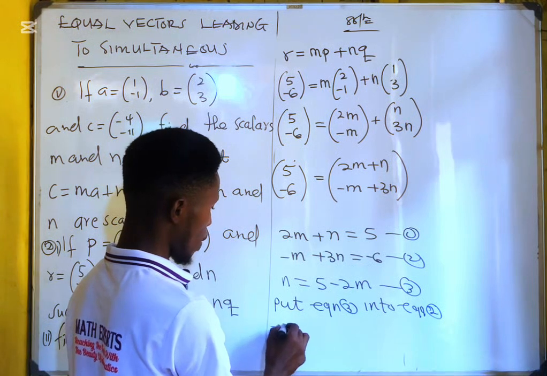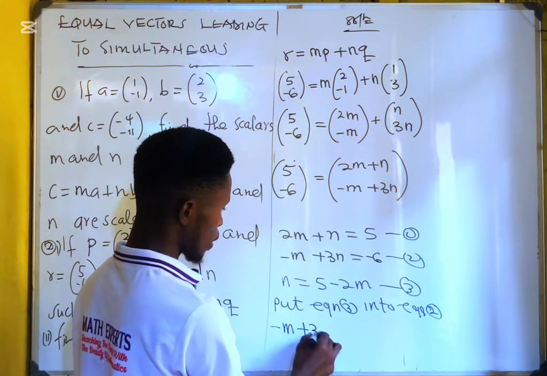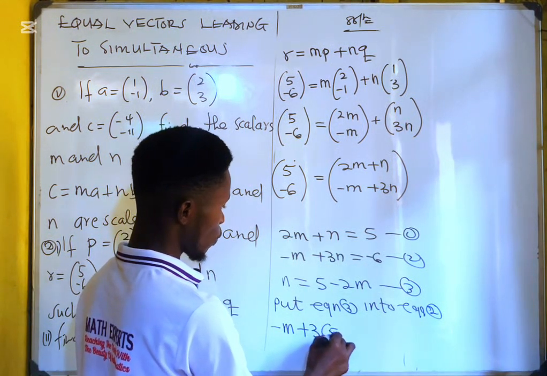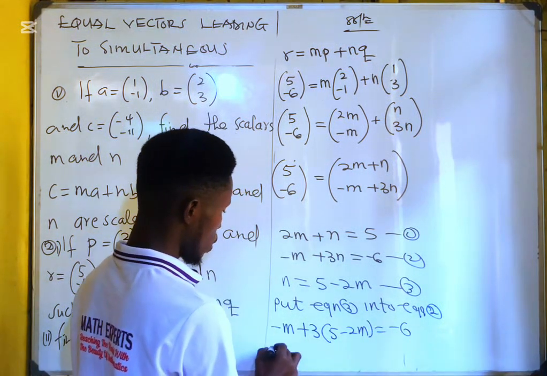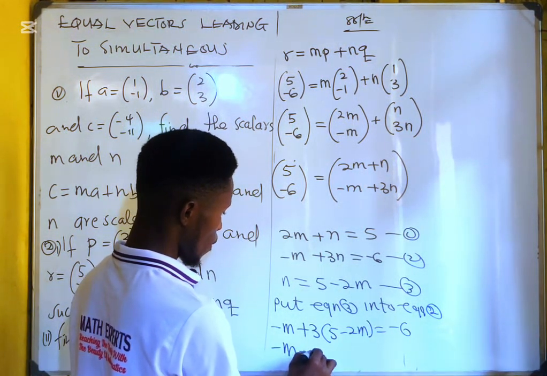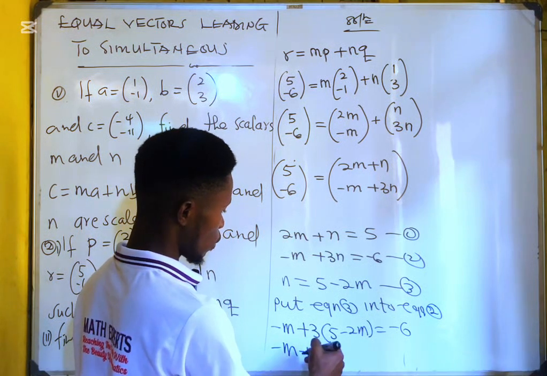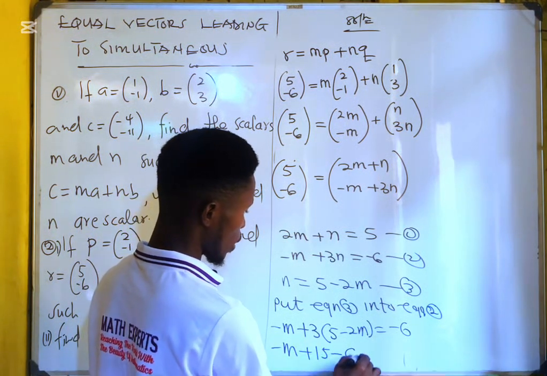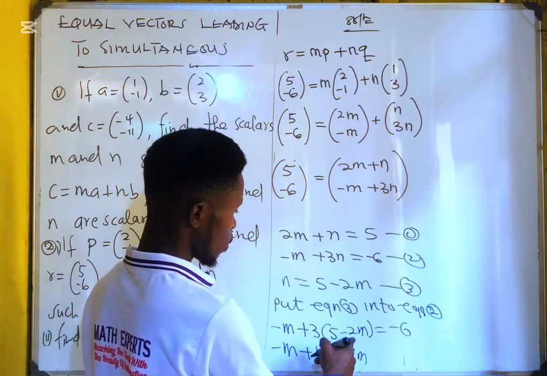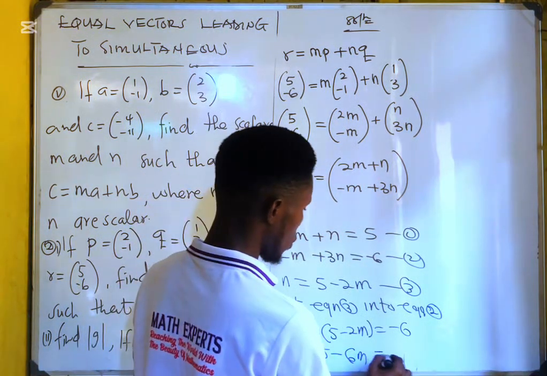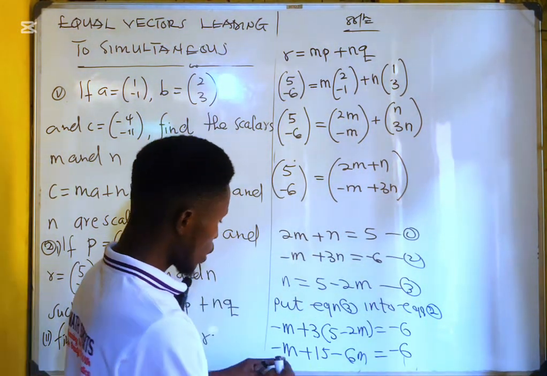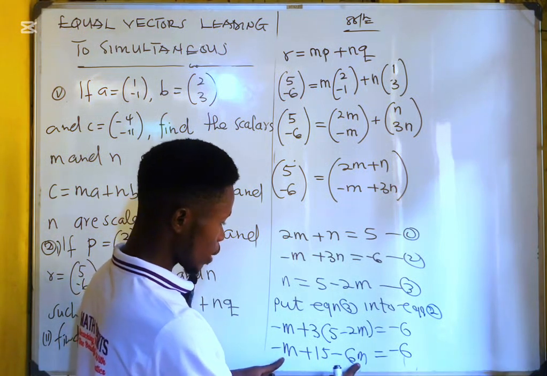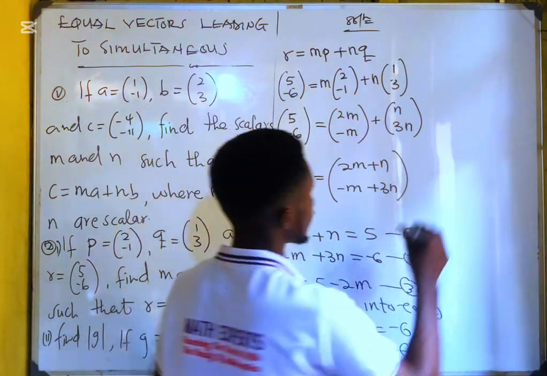So -m plus 3 bracket open 5 minus 2m bracket close equals -6. So -m plus 15, 3 times 5 is 15, minus 6m. 3 times -2m is -6m. It's equal to -6. Is that okay? Now here, -m, -6m will give you -7m.